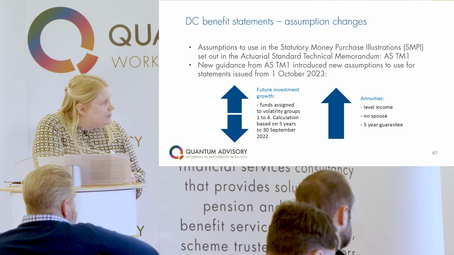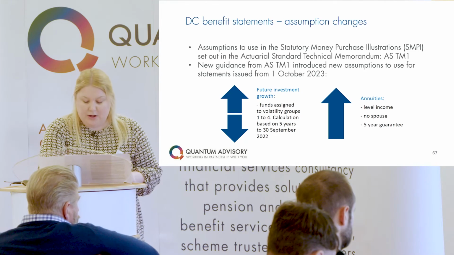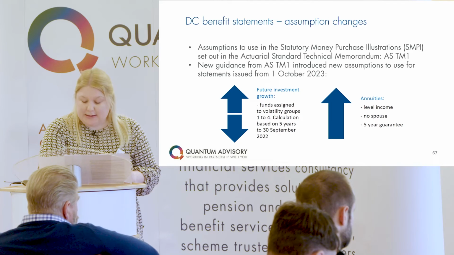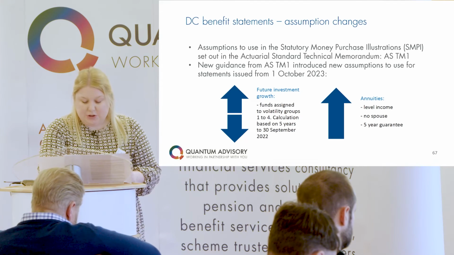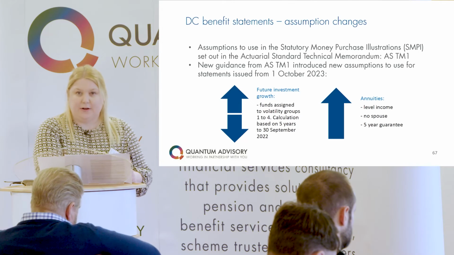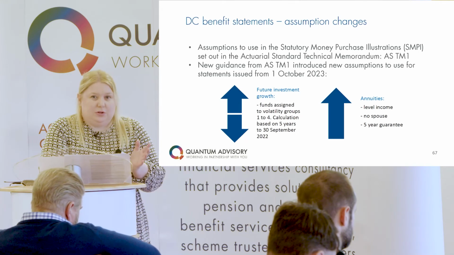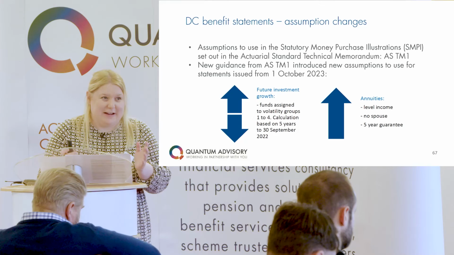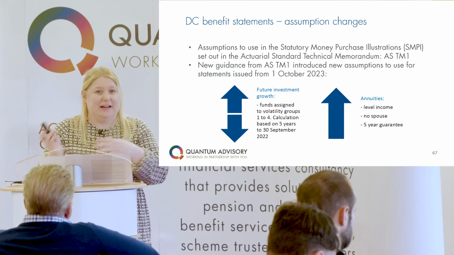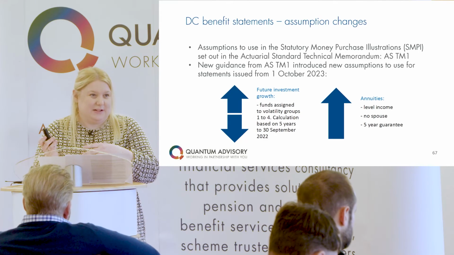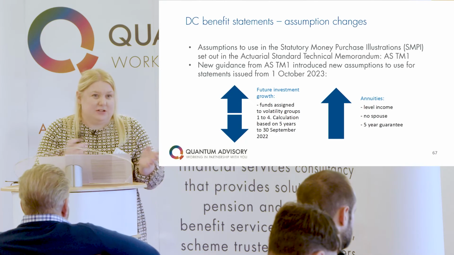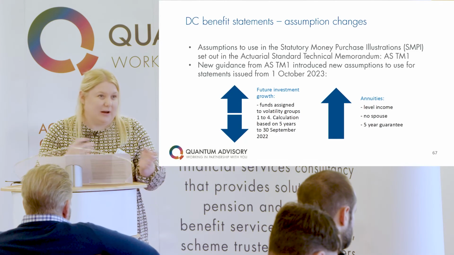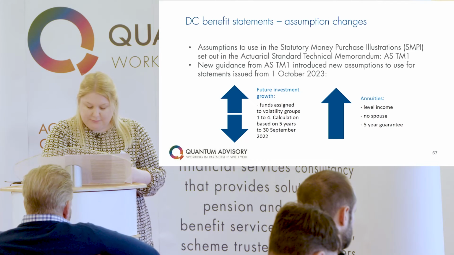So looking at the 2 new assumptions in a bit more detail, the first, the future investment growth. Funds are now assigned a volatility group between the numbers 1 and 4, and previously the assumptions were based on the asset class of the fund. And you will see a variation. Some members will have an increase in the amount that they can expect to receive at retirement, and some will be lower. It will very much depend on how that fund is now classed under the volatility group.